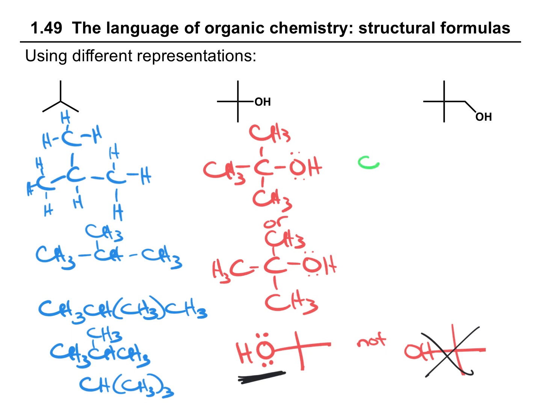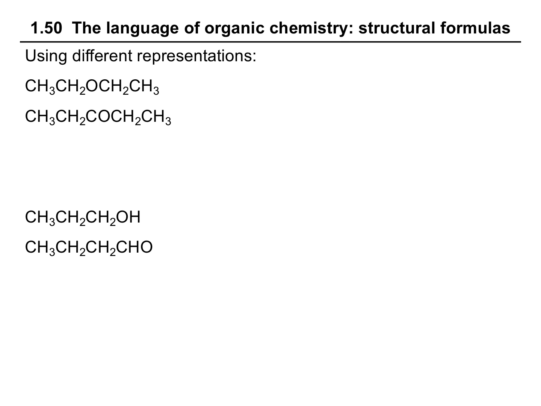So this one would be CH3 connected to C, CH3, CH3, CH2, OH. All right, so this is another carbon, and so that's why this is here, and it's not the same as this.